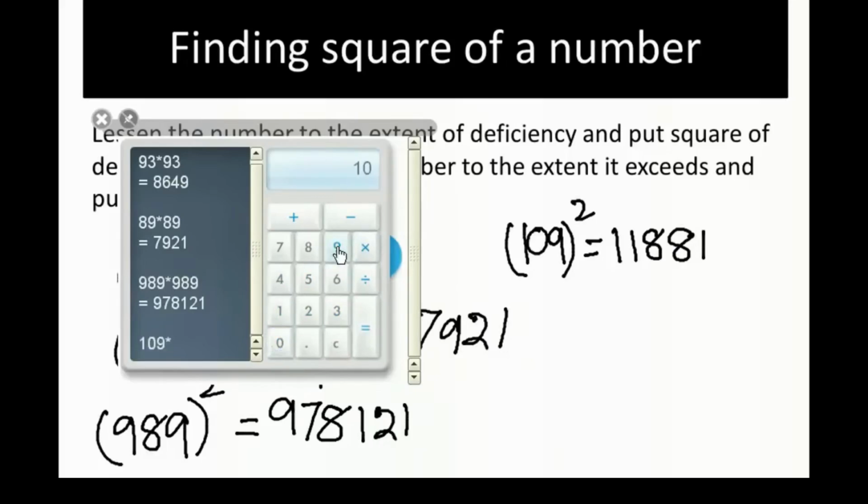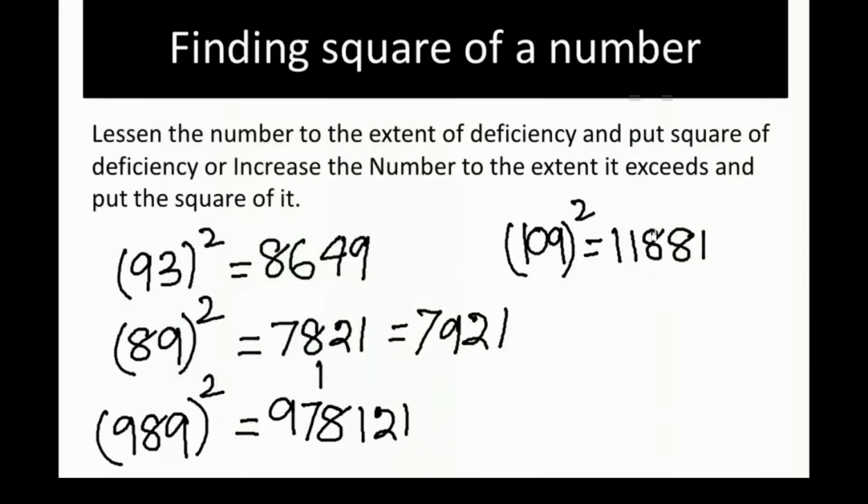So let's take one more example to check this out. For the case of, let's say, 89 square. So lessen the number by the extent of deficiency. It is deficient by 11 from 100. So again we will subtract 11.